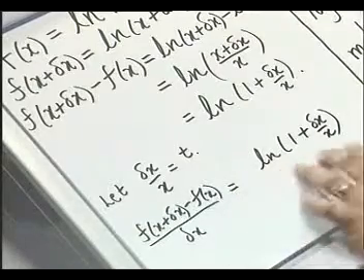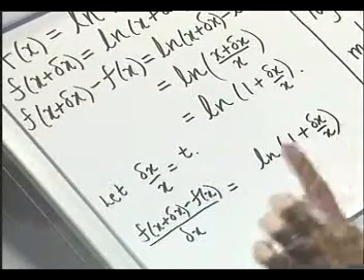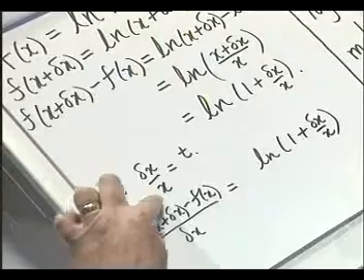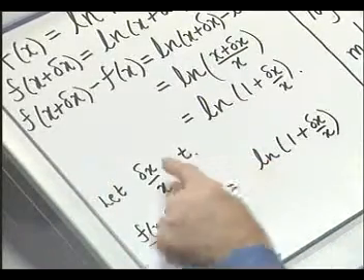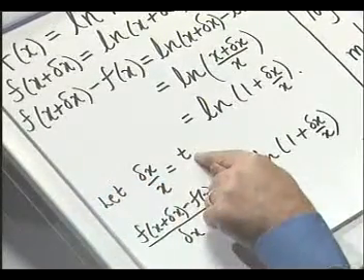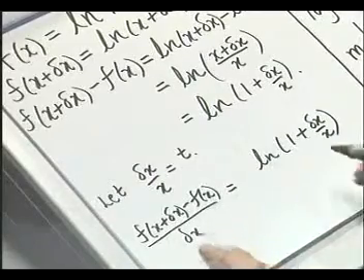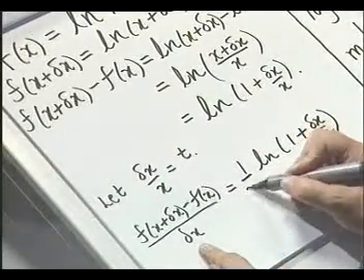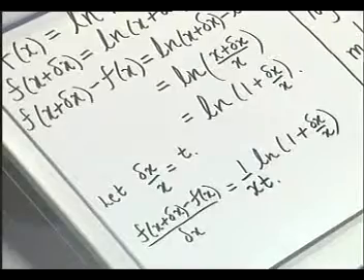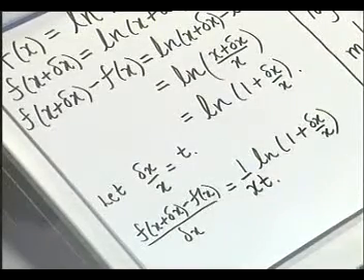And we want to divide it all by delta x. But I've made a substitution here. I've let delta x over x equal t. In other words, delta x is x times t. So instead of the delta x here, I'm going to write this as 1 over x times t down there. Okay so far?